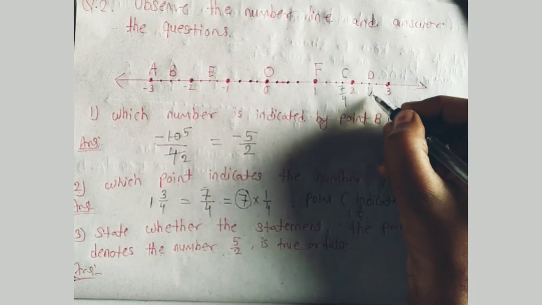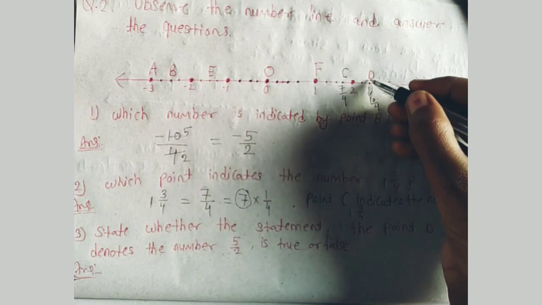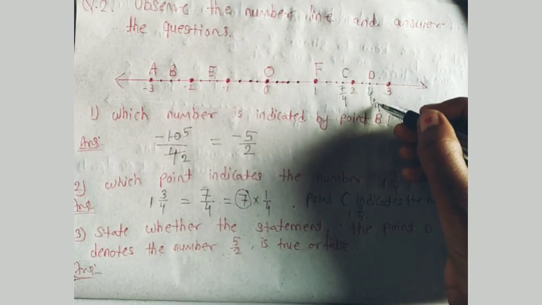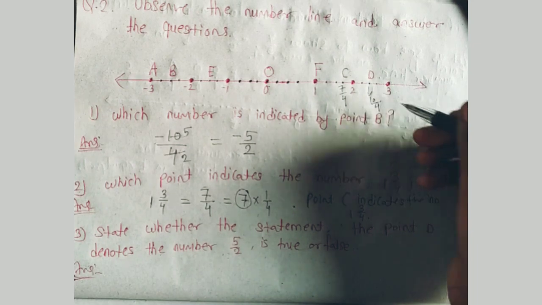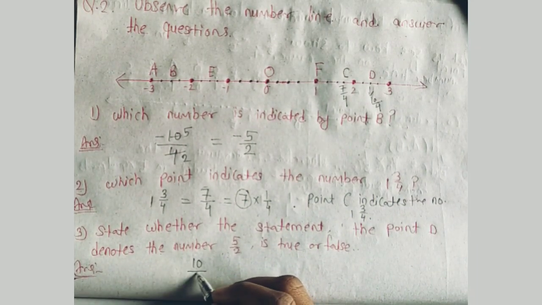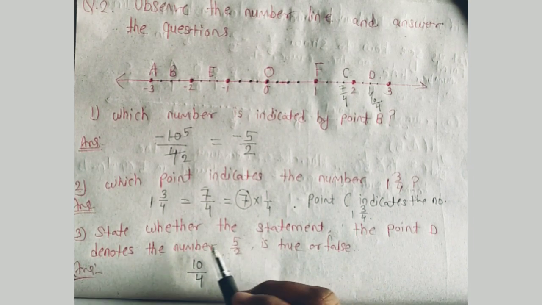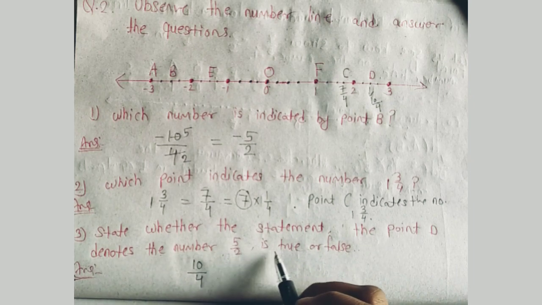Means 10 by 4. Point D is on the number 10 by 4. And what is given in the question? The point D denotes the number 5 by 2, true or false.